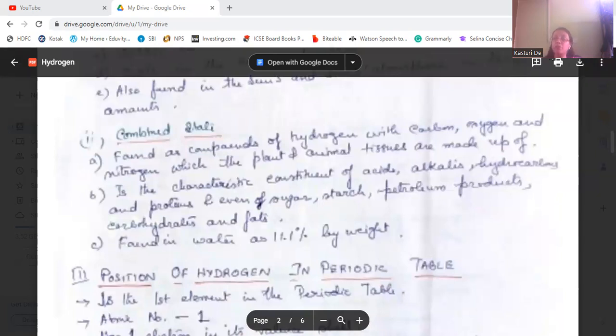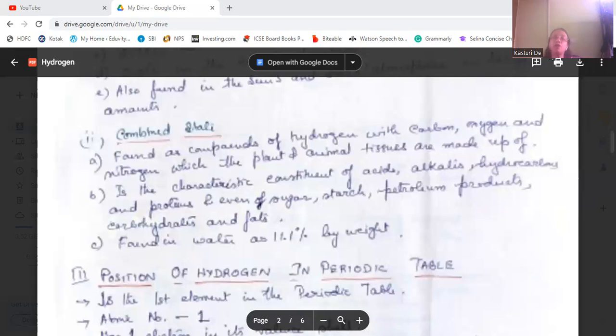Hydrogen is the characteristic constituent of acids, alkalis, hydrocarbons, proteins, and even sugars, starch, petroleum products, carbohydrates, fats, etc. It is also found in water as 11.1% by weight.